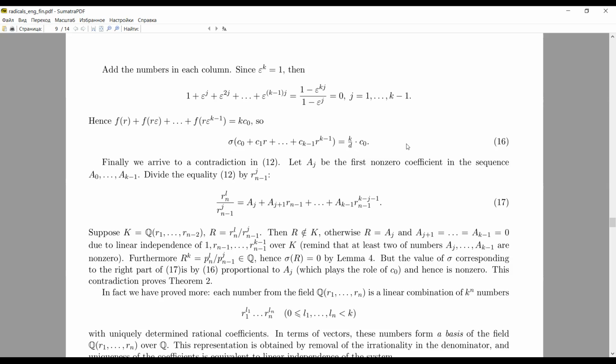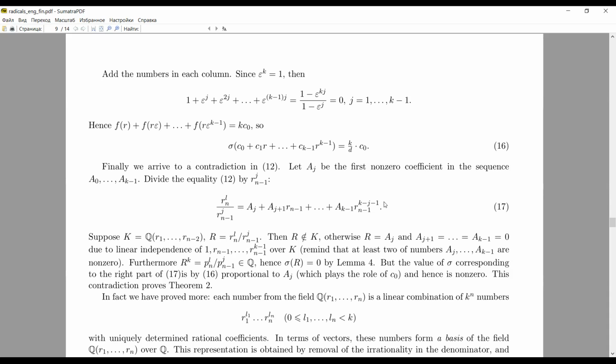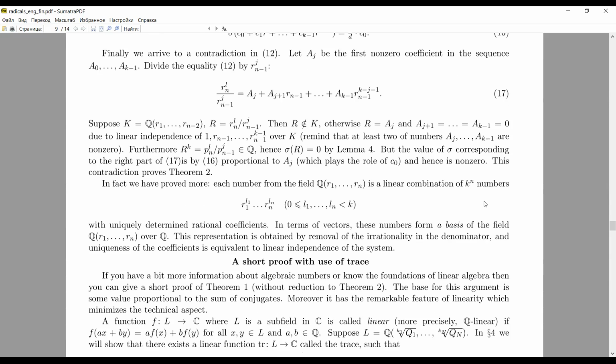First, we divide 12 by a power of the radical r_{n-1}, such that a_j is the first non-zero coefficient, and we divide by this power. And recall that there are at least two non-zero coefficients. Yes, it's very important.